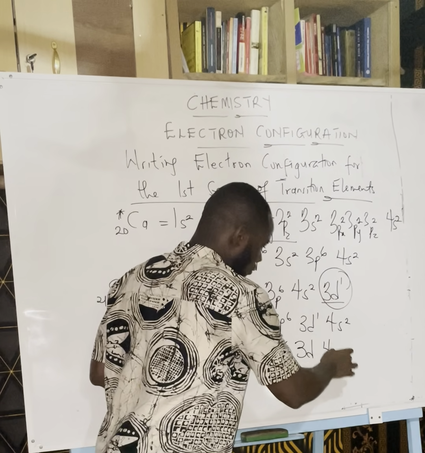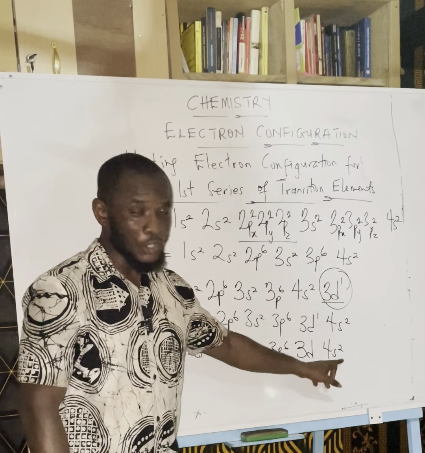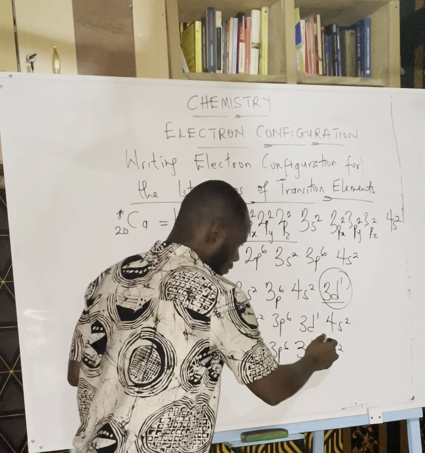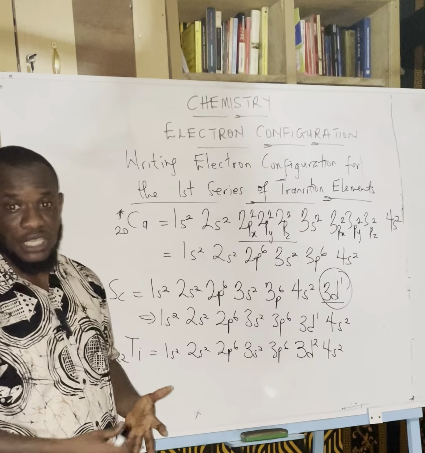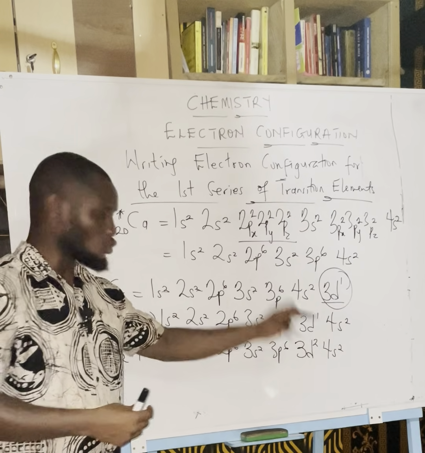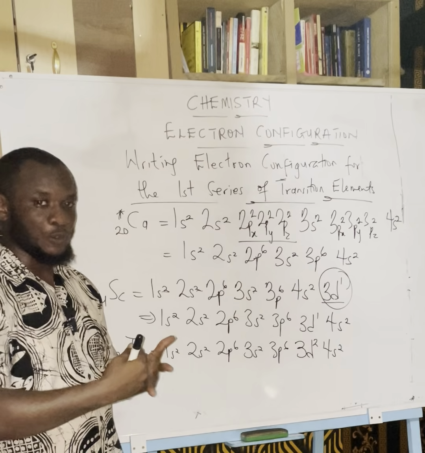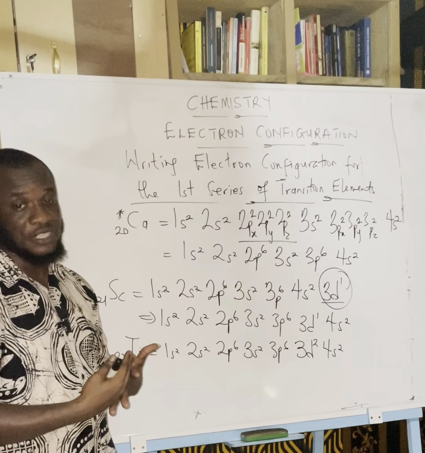Then go and fill the 4s2. So when you go and fill the 4s2, whatever is left, you come back and you fill the 3d, which will be 3d2.